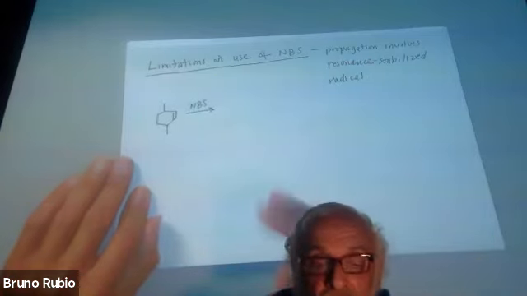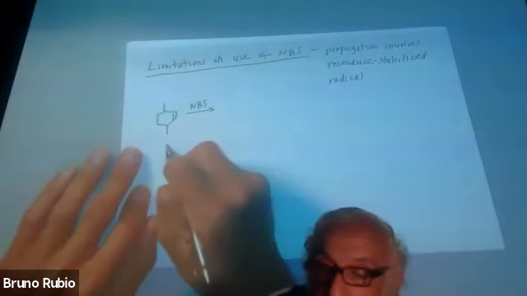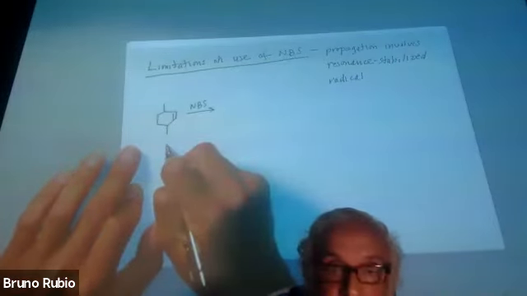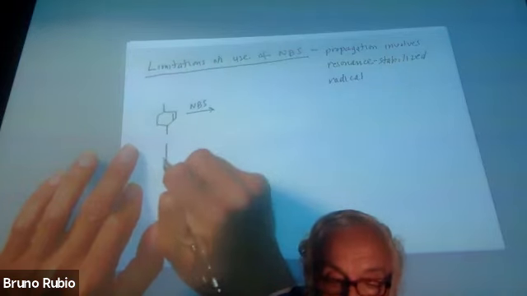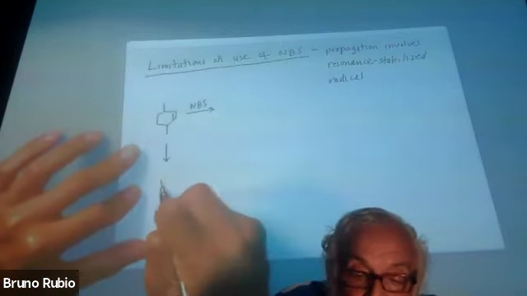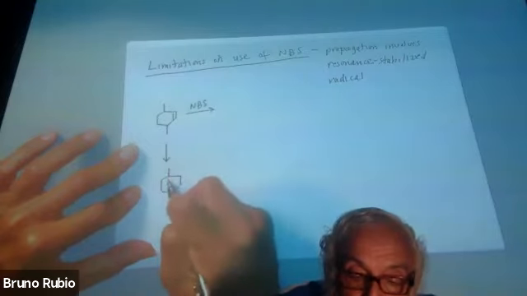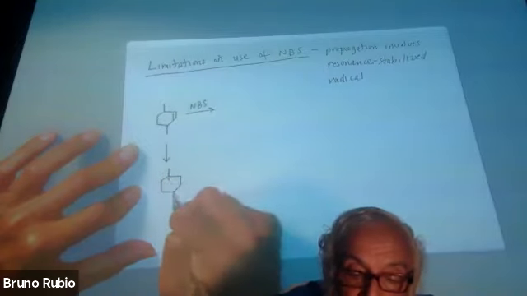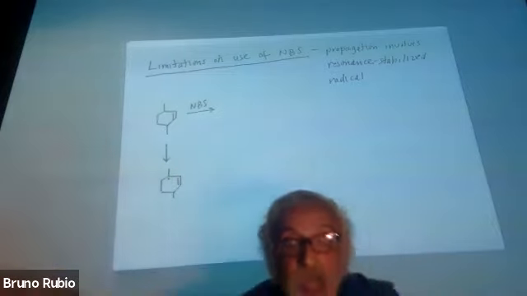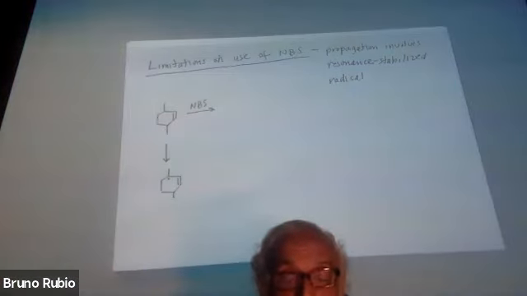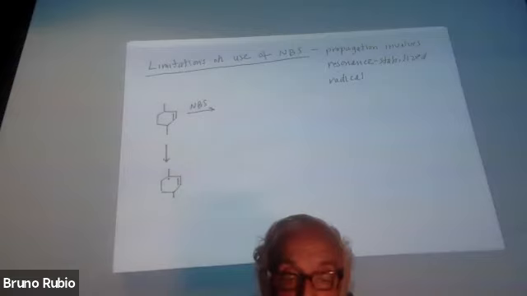A whole lot of other stuff happens. So without writing out all of that mechanism again, we know that one of the chain carrying intermediates is going to be this radical here, where the allylic hydrogen has been removed in that first propagation step.